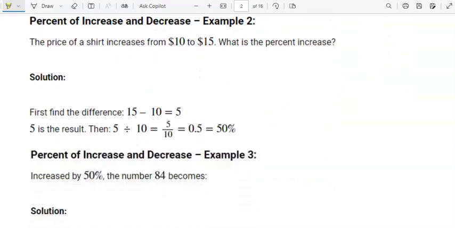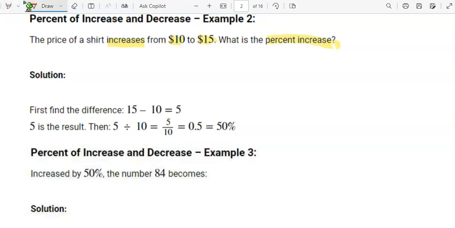Percent of increase and decrease, example 2. The price of a shirt increases from $10 to $15. What is the percent increase? First, we will find the difference. The new amount minus the old amount, and that equals the result.